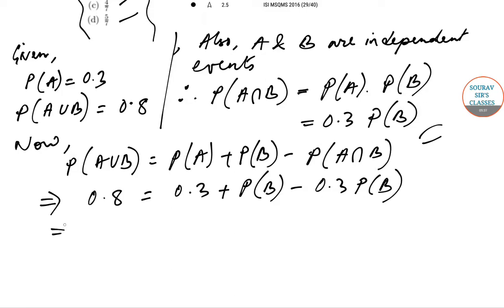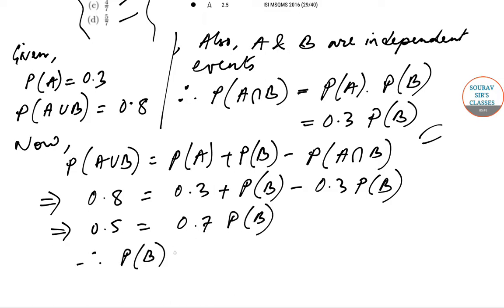So this gives us that 0.5 is equal to 0.7 into PB. Therefore, P of B is equal to 0.5 by 0.7, that is equal to 5 by 7, which is the option D.